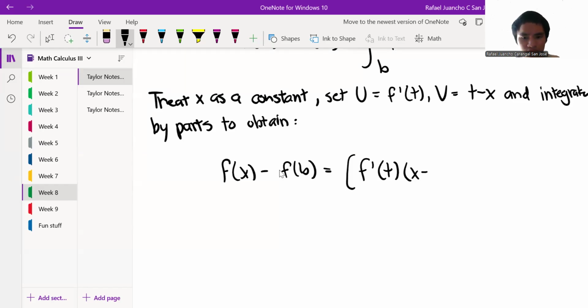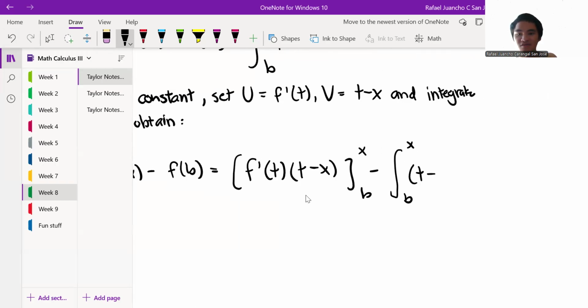Oh, my bad. A minus x. We get x and b. Oh, uv minus integral v du.